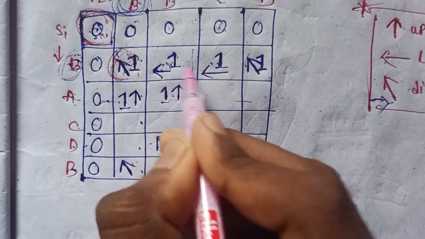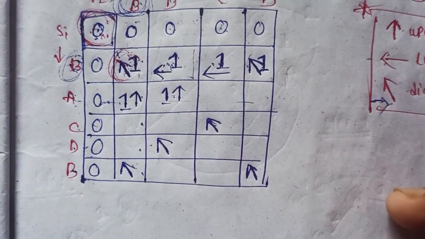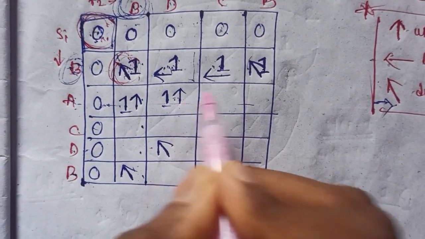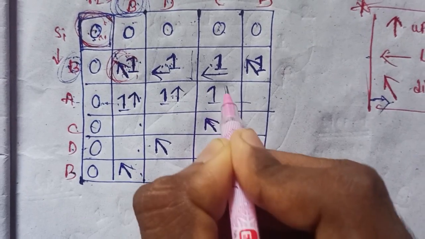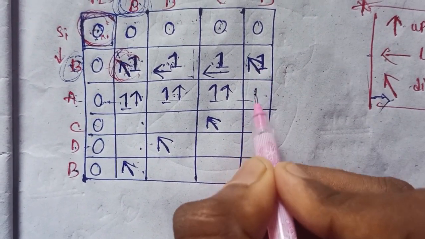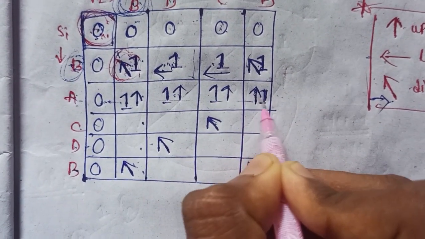When the greater number is there we use the left arrow, and the diagonal we already covered. So here 1 is also the same, write down the upward arrow. Here 1 and 1, upward arrow, 1.